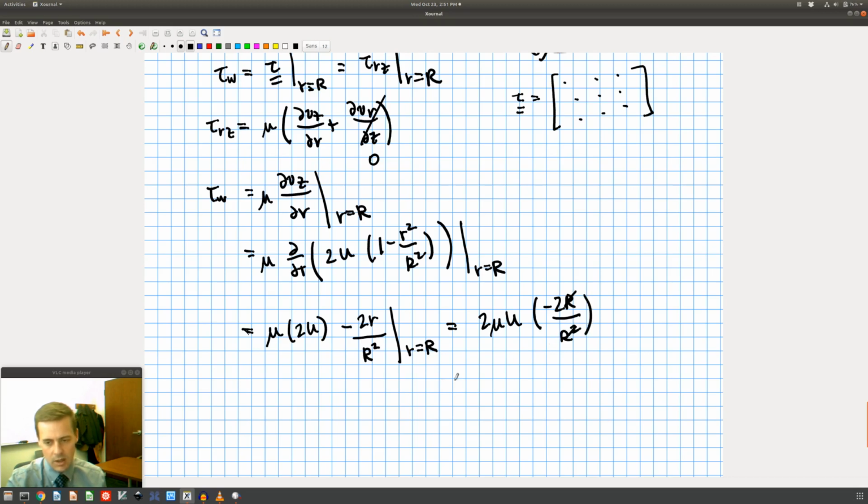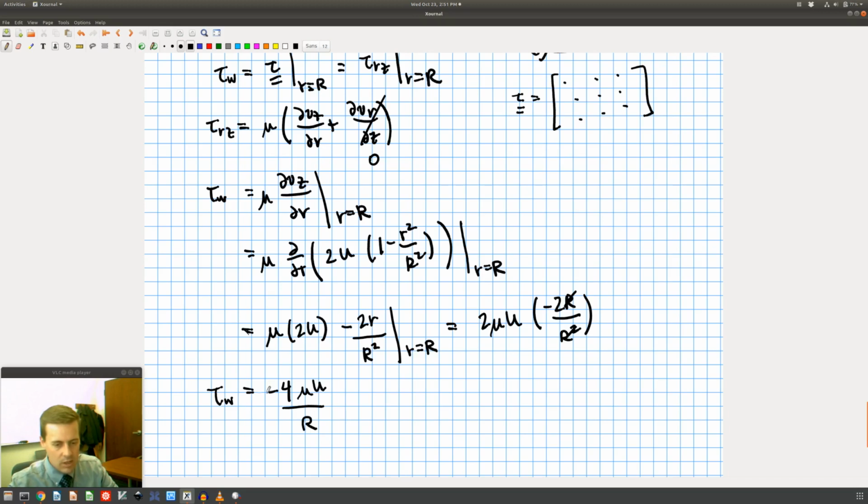The R cancels there, and I get that tau wall is equal to minus 4 mu U over R. Hey, that's looking pretty good. I have that the wall shear stress is proportional to mu U over R, which looks a lot like mu U over D, which is what I had before.